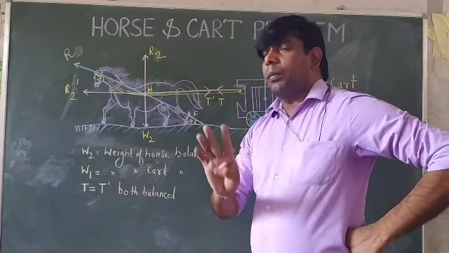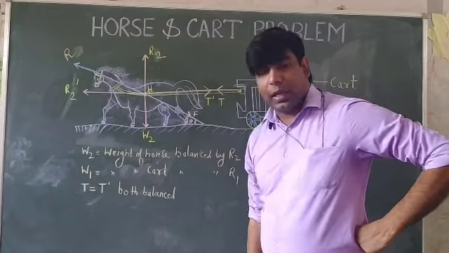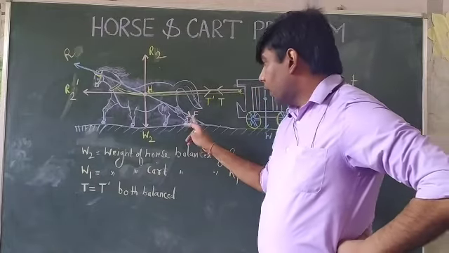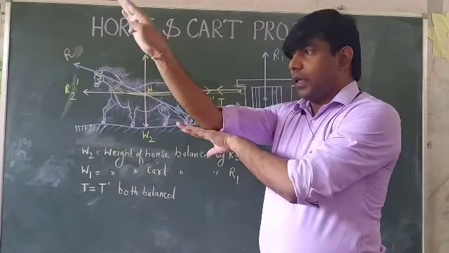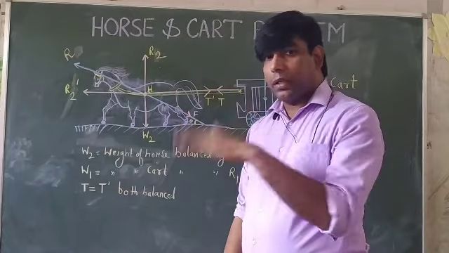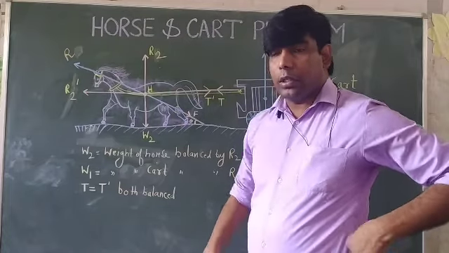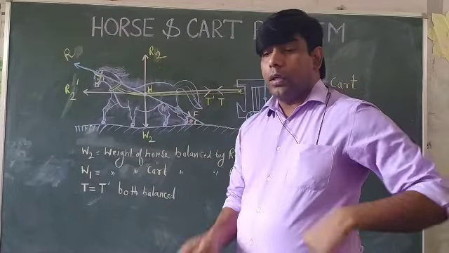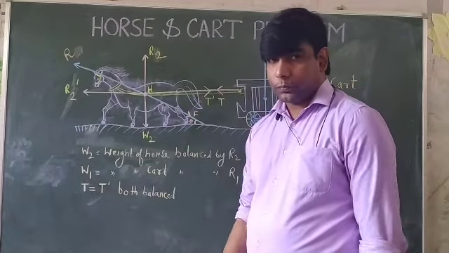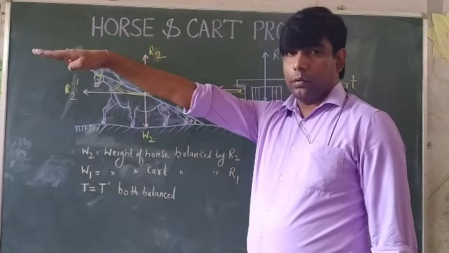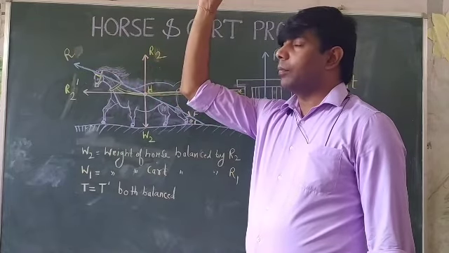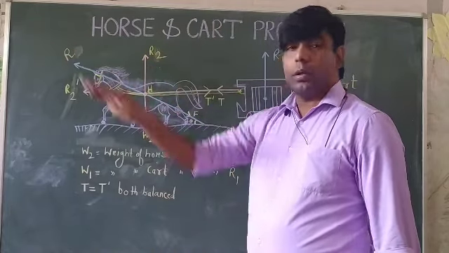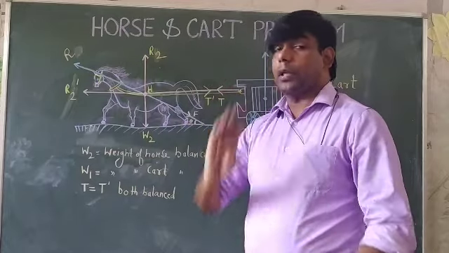Just remember that when any vector quantity is inclined at some angle, different from 90 degrees or 0 degrees, we can divide this vector into two components, one along the horizontal direction and one along the vertical direction.